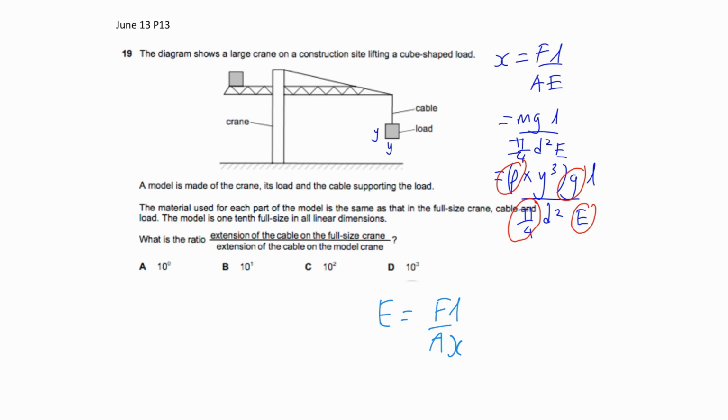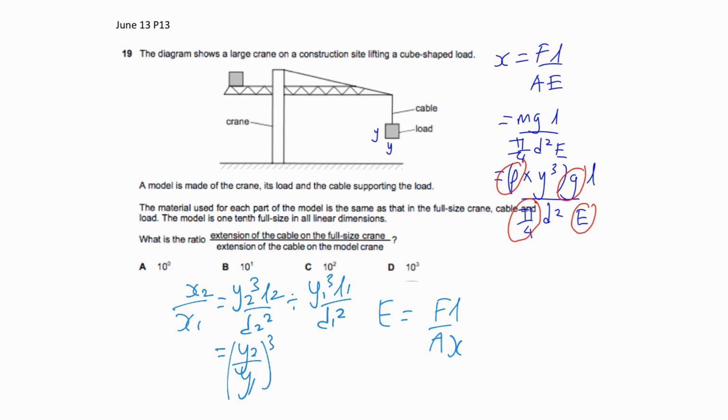If you're using the ratio, x2 over x1 will be y2 cubed L2 over D2 squared, divided by y1 cubed L1 over D1 squared. Cross multiplying, you get y2 over y1 cubed times L2 over L1 times D1 squared over D2 squared.